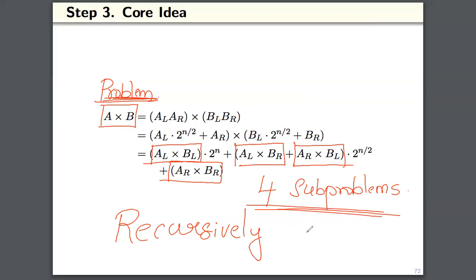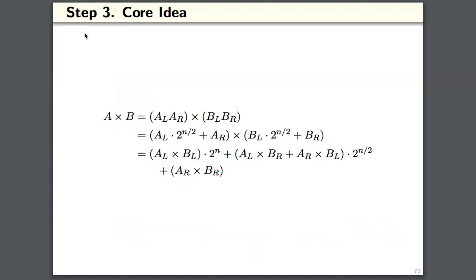Recursively call them. That's it. Recursively call these 4 subproblems, and in the base case, multiplying two 1-bit numbers is easy, so you can stop there. So this is your recursive divide and conquer algorithm. A problem is split into 4 subproblems. Okay, next.